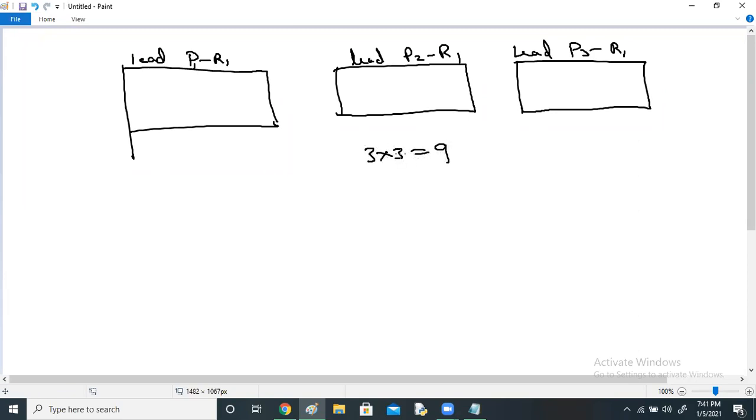What is this 9? 3 means partitions, and the other 3 is replicas. Now, how many threads are required to read this? Minimum 3.